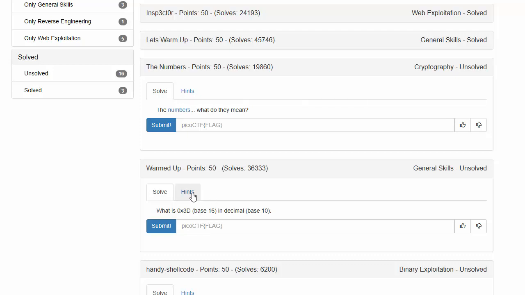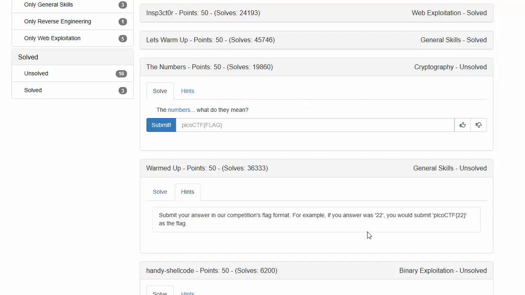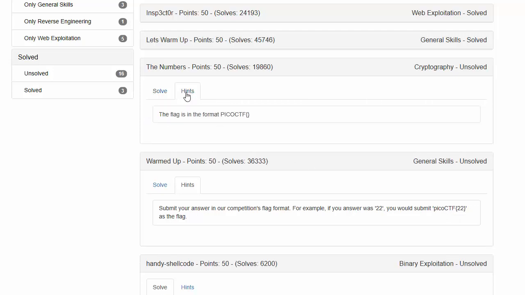And in the hints here, you can see it also has CTF in capital letters and pico in small letters. But on our numbers problem, when we look at the hints here, it says picoCTF all in capital letters. So that might be a clue that we're going to have to take a look at later on.